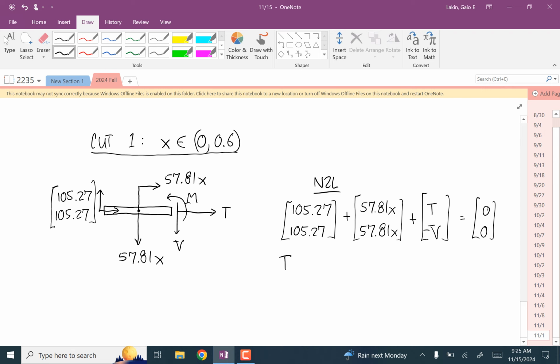And so t is equal to negative 57.81x minus 105.27. And the shear force is positive 57.81x plus 105.27.